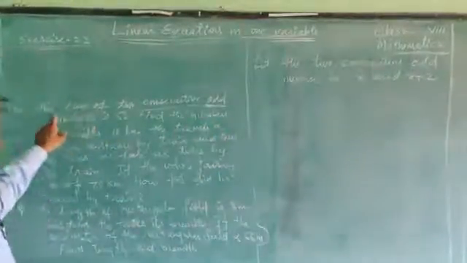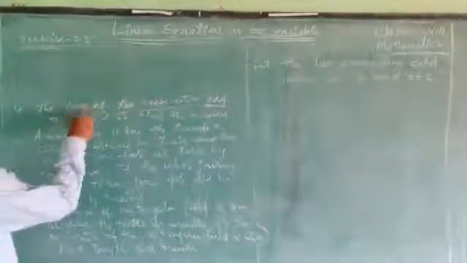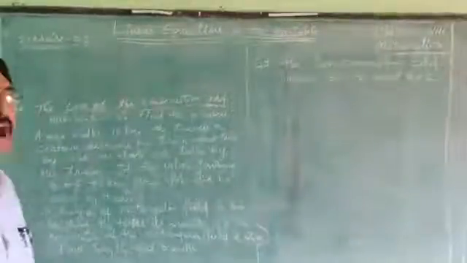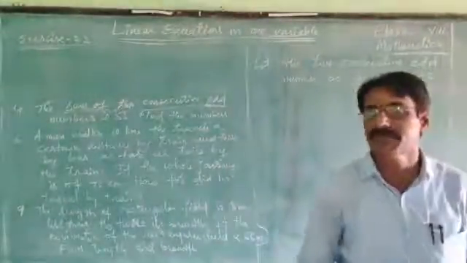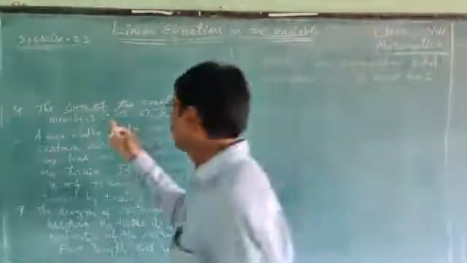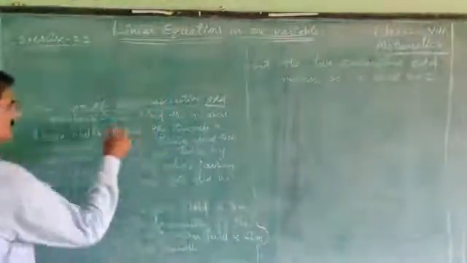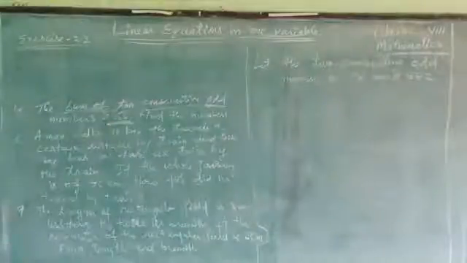Next, given here is the sum. How to get the sum? By addition. If we add these two numbers, we get the sum of them. The sum of those two numbers is how much? 56.